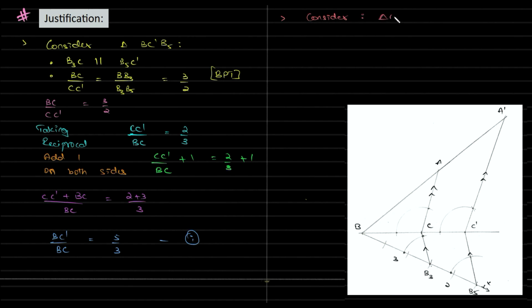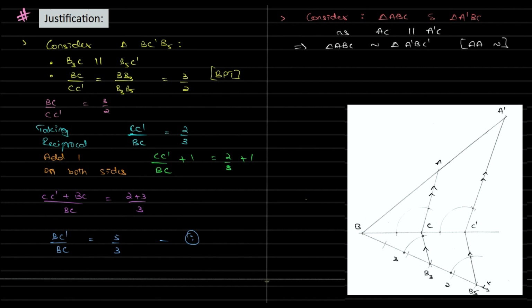The next part is to consider triangle ABC and triangle A dash BC dash. If you prove that they are similar, you are pretty much done. How do we prove that? As AC is parallel to A dash C dash, this implies triangle ABC is similar to triangle A dash BC dash by AA similarity.